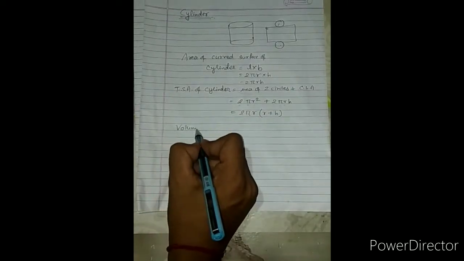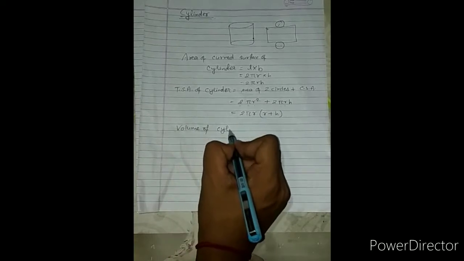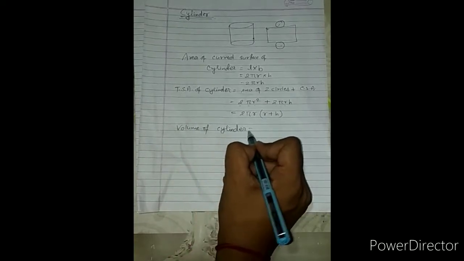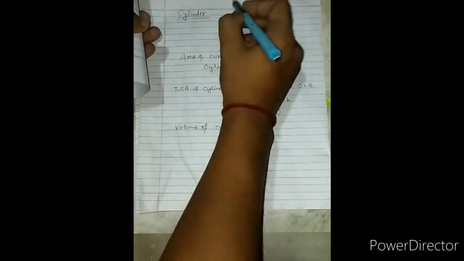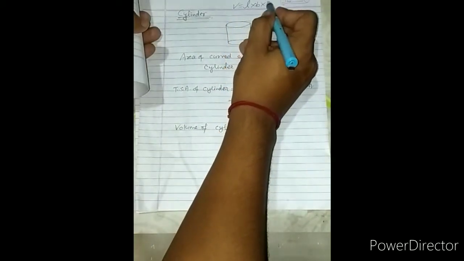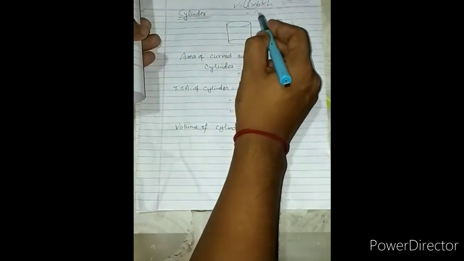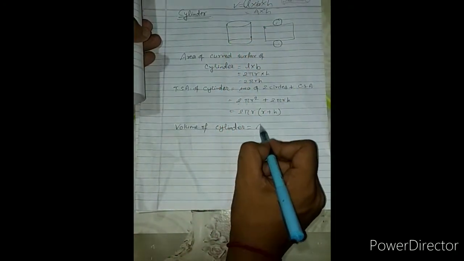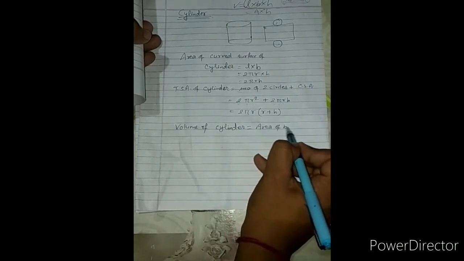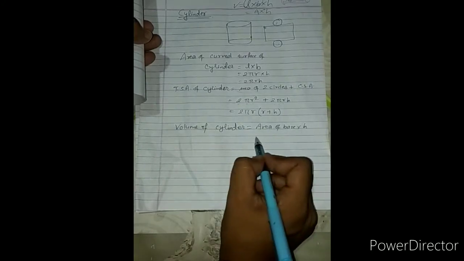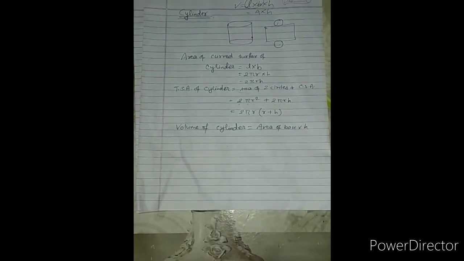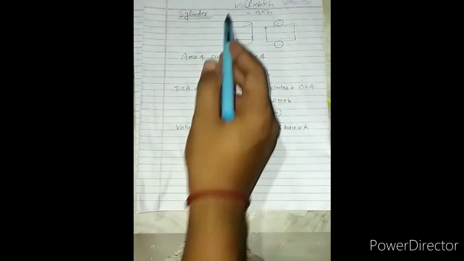Now next part, volume of cylinder. Look at this cylinder. Now you have to find volume. As we know, the formula for volume is L into B into H, right? Now L into B is area, into height. So area of base into height is the formula to calculate the volume of any kind of prism, and this is also a kind of circular prism.